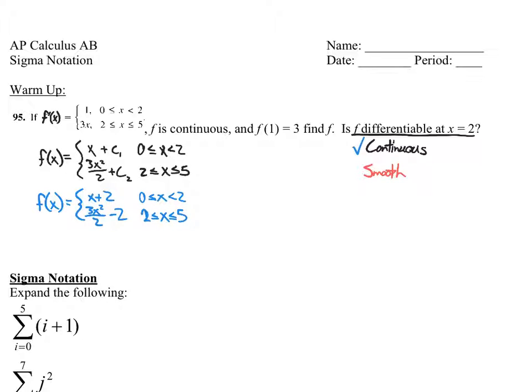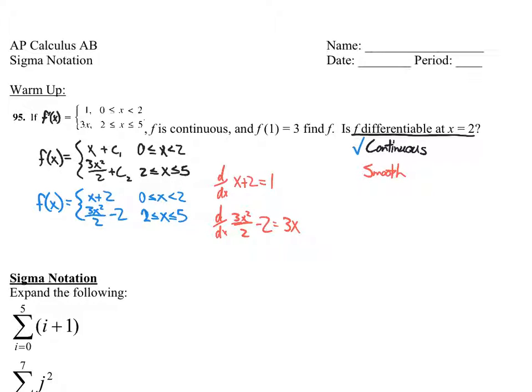So the derivative of x plus 2 is just 1. So when x equals 2, the slope is 1. Alright? The derivative of 3x squared over 2 minus 2 is just 3x.